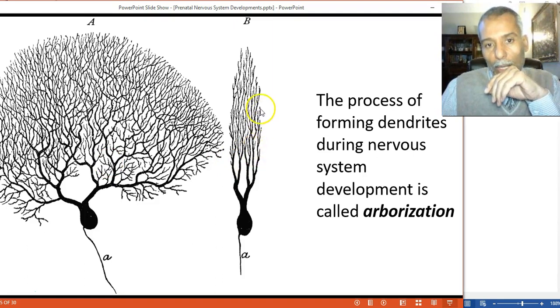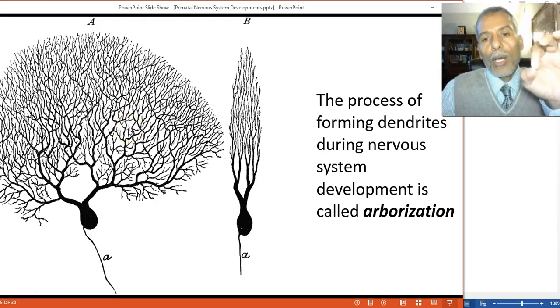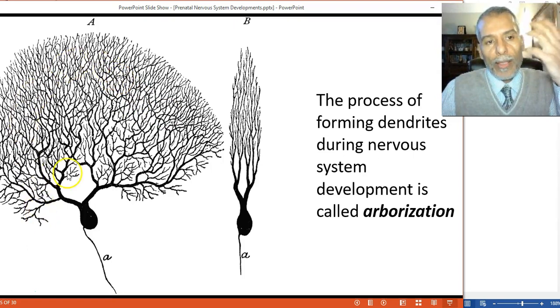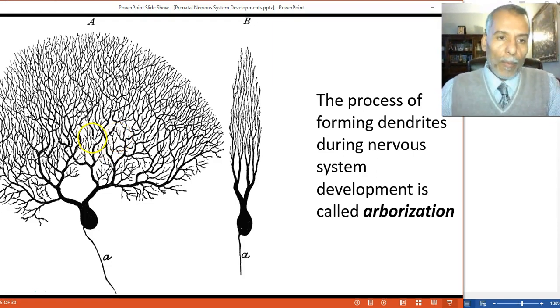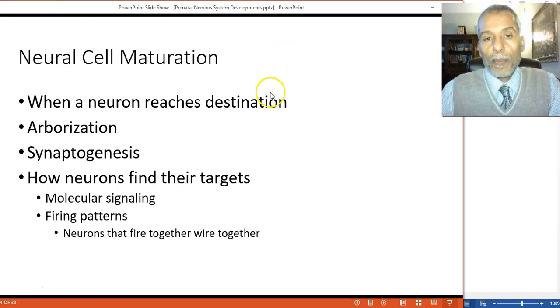So a cell that is like this initially is going to grow rich branches, and each one of these branches has numerous sites for other neurons to connect with. So it has a rich and thick and healthy number of synaptic dendrites.